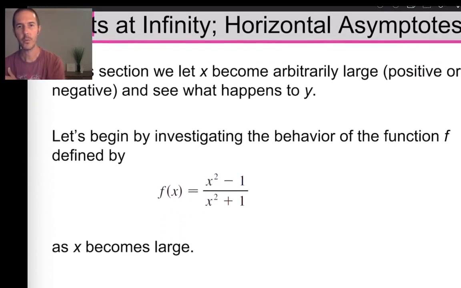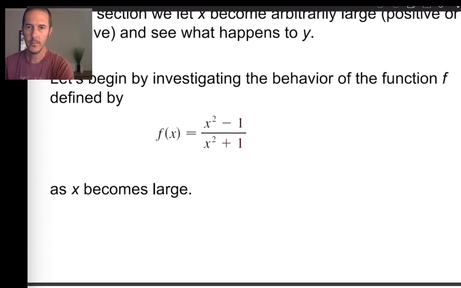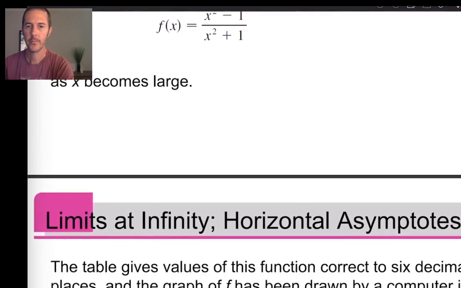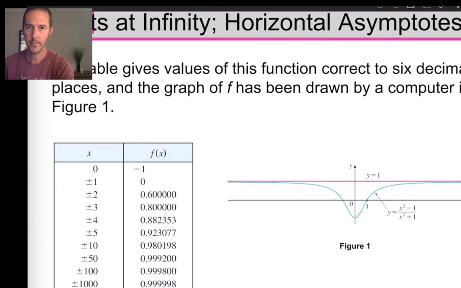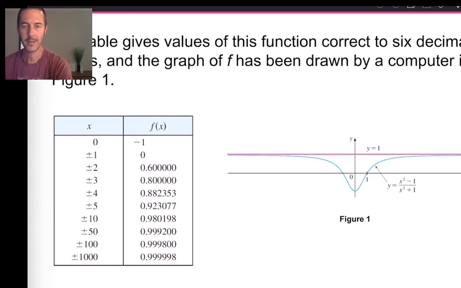And the first example we see here is where we're going to let x become arbitrarily large, positive or negative, and see what happens to the y values. And one way to do that is by looking at a table of values. So in the left-hand column, you're seeing x values that are increasing in the positive and negative direction at the same time.